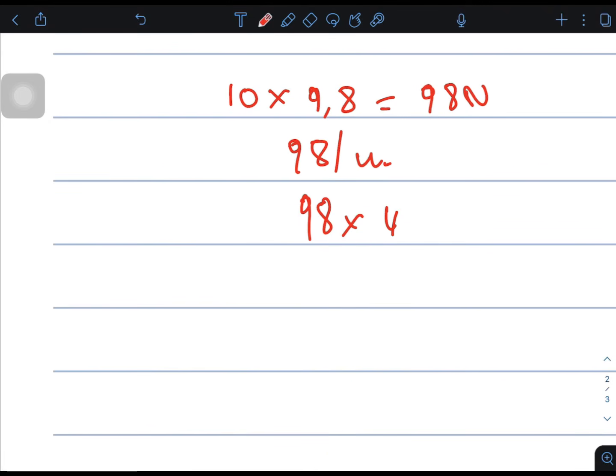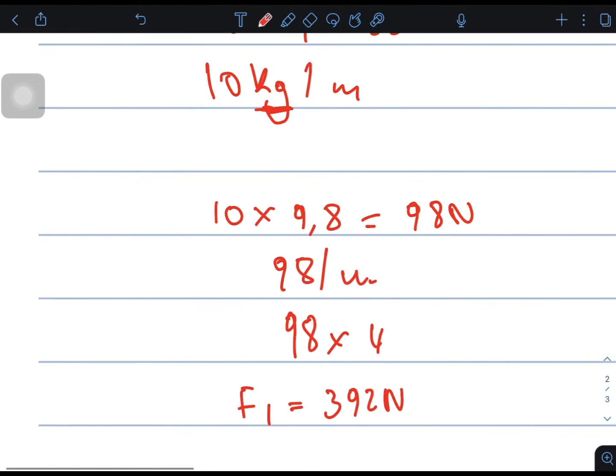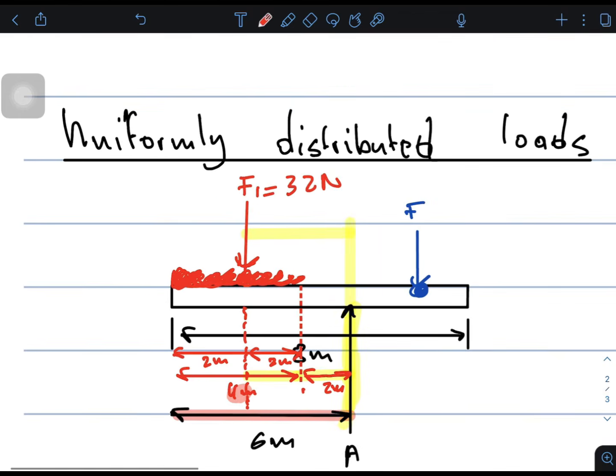That is going to be 392 newtons as a concentrated load. That means F1 will be 392 newtons.